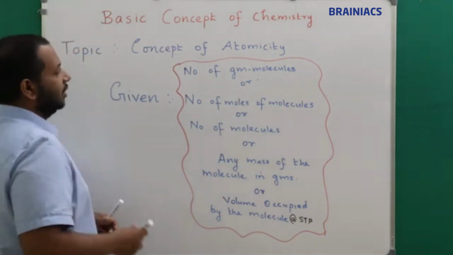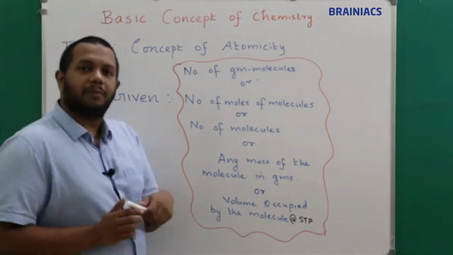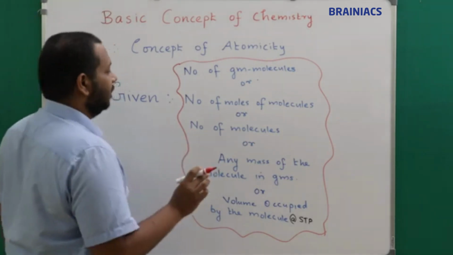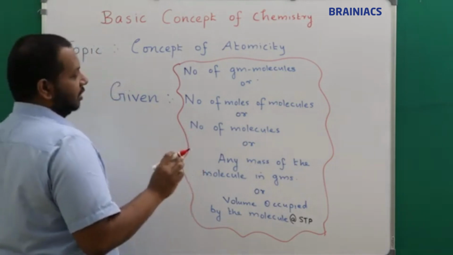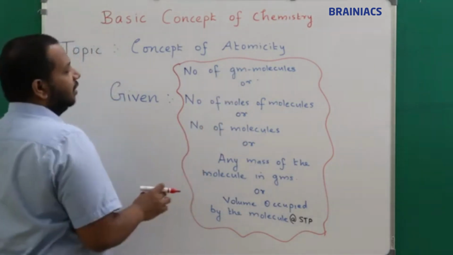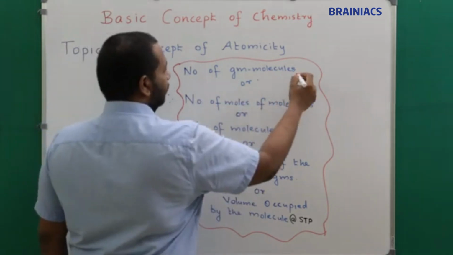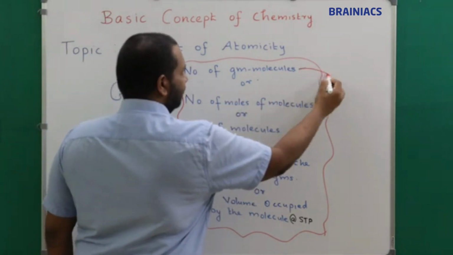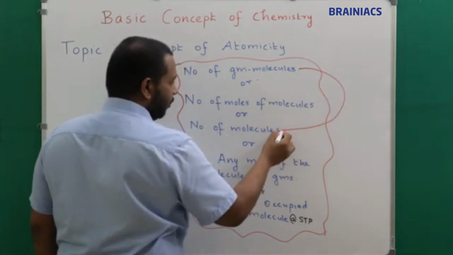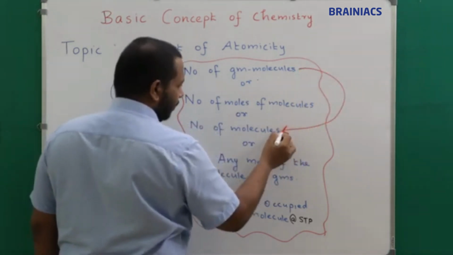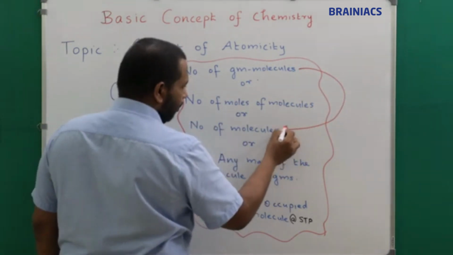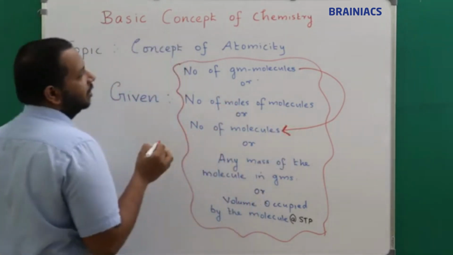So what is your strategy? From this you need to calculate the number of atoms. So I am telling what your strategy should be, whatever things they give. First thing you need to do is, if it is number of gram molecules, what you need to do? Convert that always to number of molecules first. First identify how many number of molecules are there.